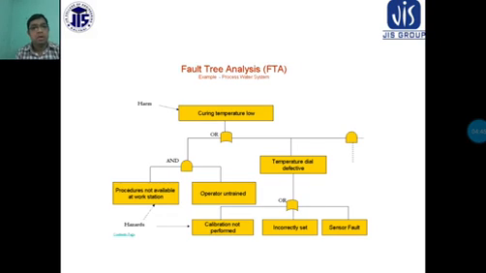Then there is the untrained operator. There are two cases here: one is that the process is not available in your industry, and the other is that the process is available but is not properly handled by the employees, because properly skilled labor is not available in the company. That is how this hazard arises.